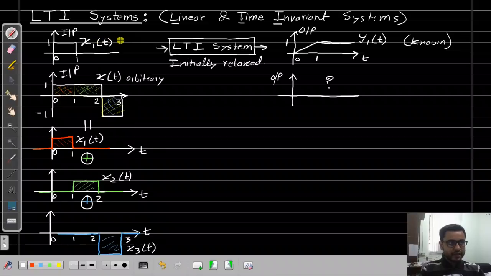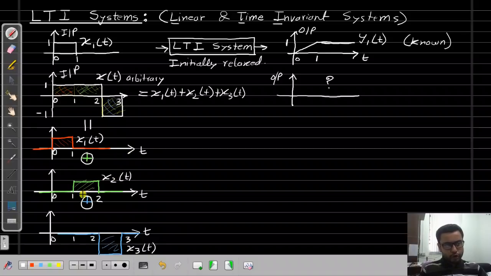So x(t) is the sum of x1(t) plus x2(t) plus x3(t).